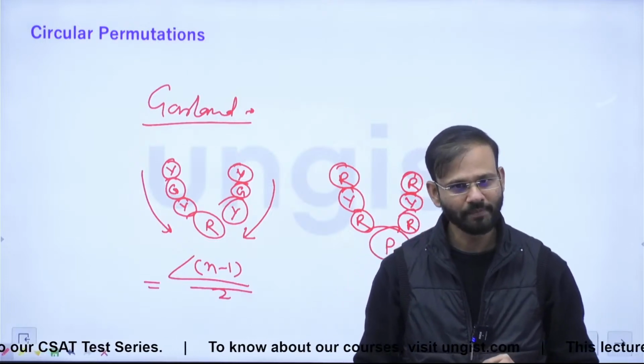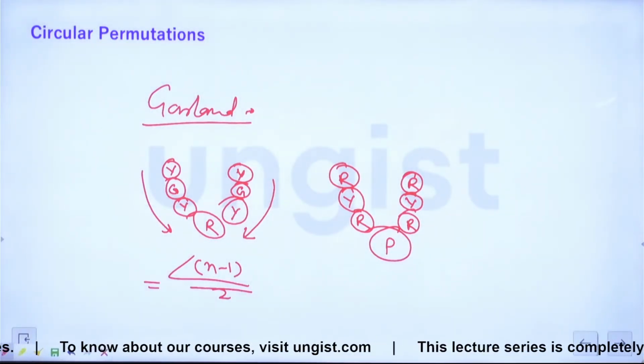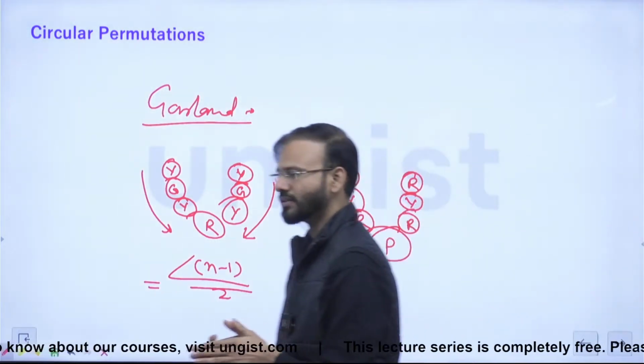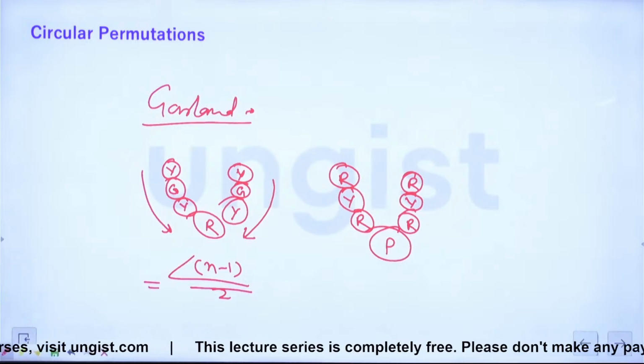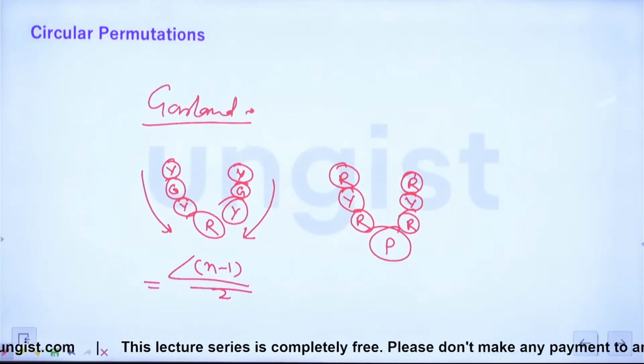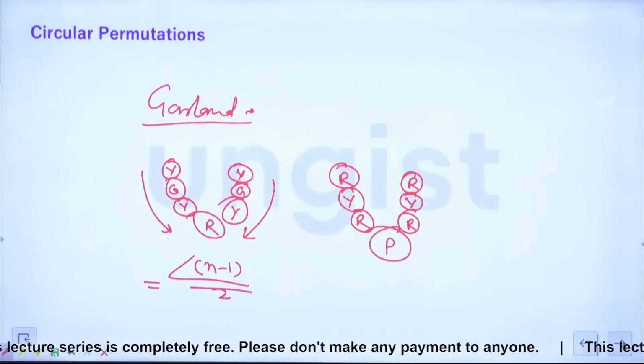Alright, please note it down. So in case of garland or necklace, this will be factorial n minus 1 divided by 2, where clockwise and anti-clockwise arrangements are similar.